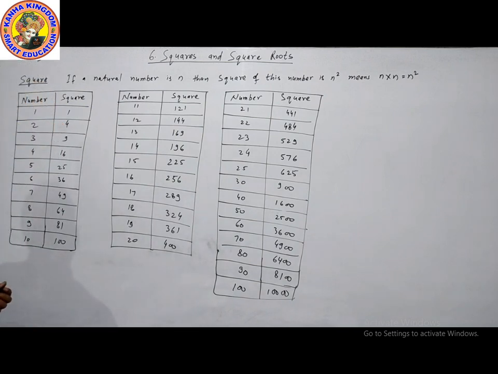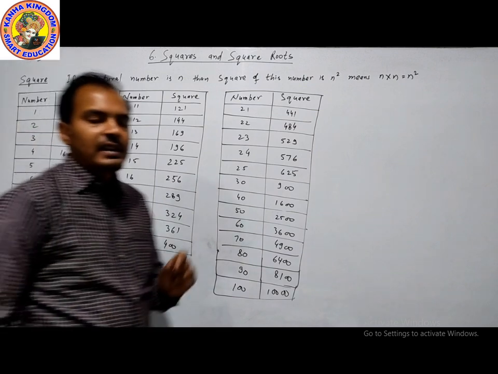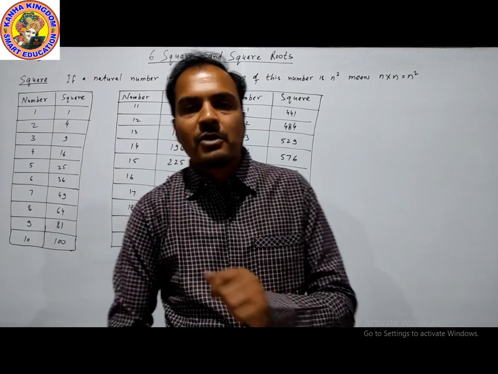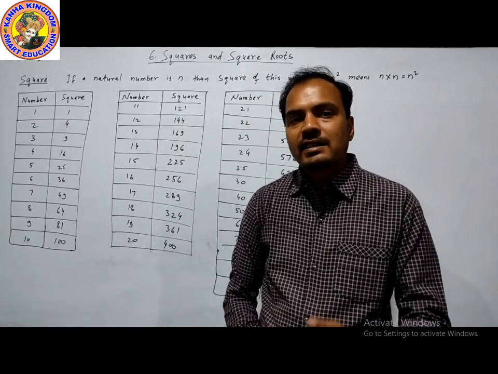If we read the unit digit of our square numbers, what result do we get?